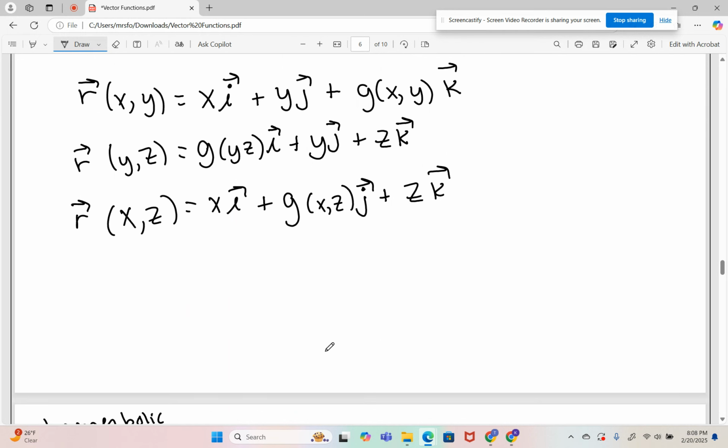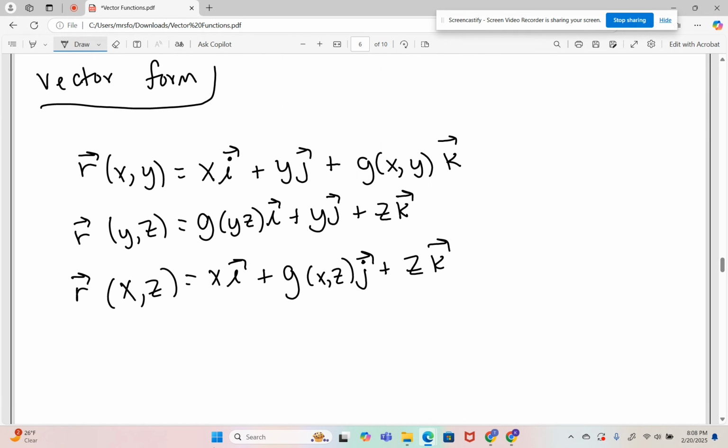Okay, so awesome things to look at. It should make sense. You just have to kind of sit and really let it soak in. That z will be a function of x, y. y will be a function of x, z. x will be a function of y, z.